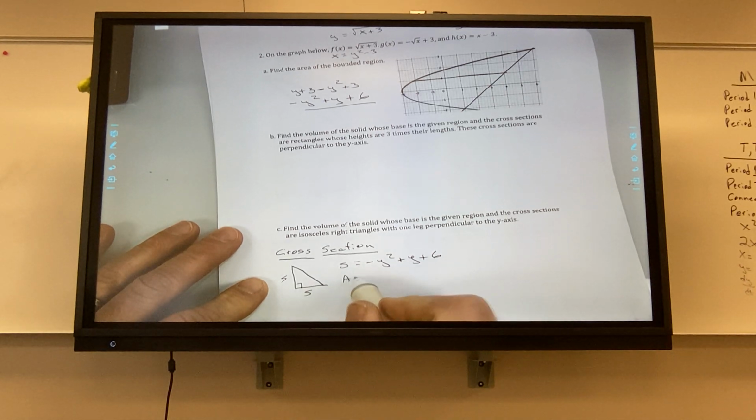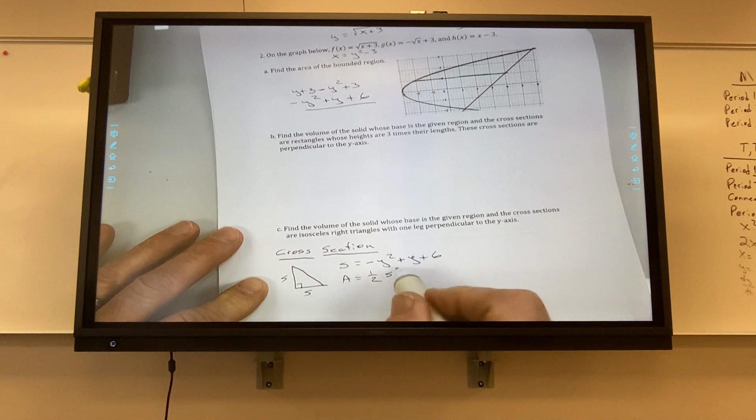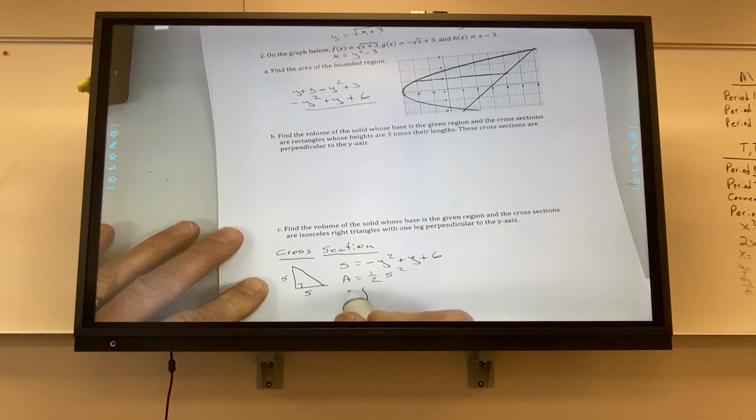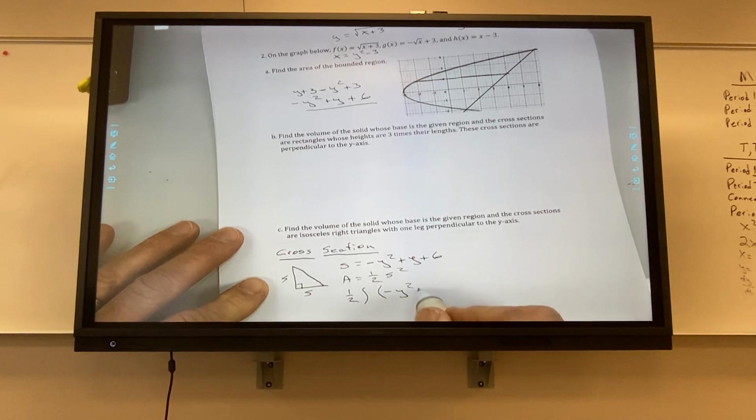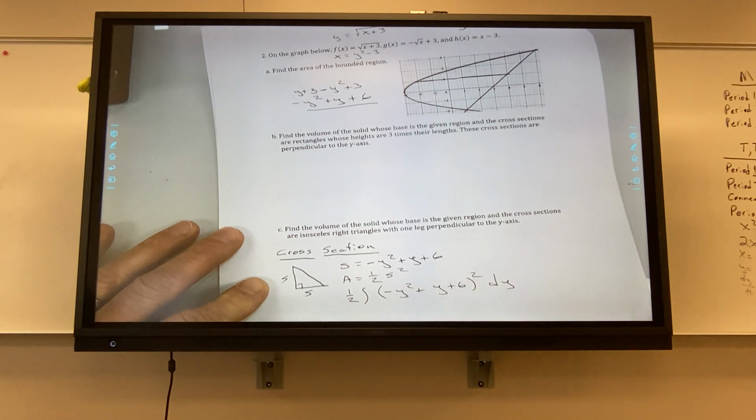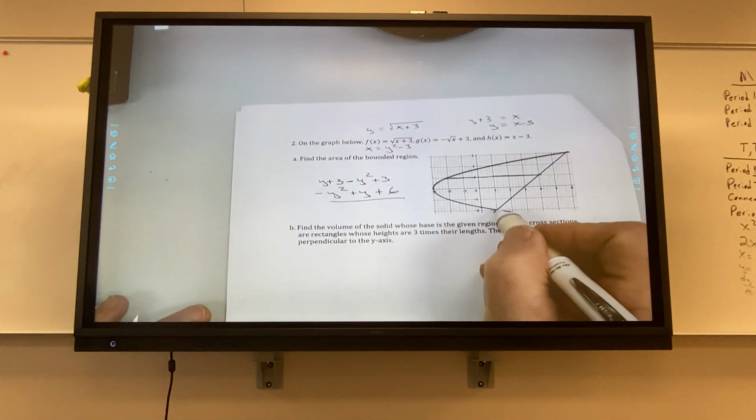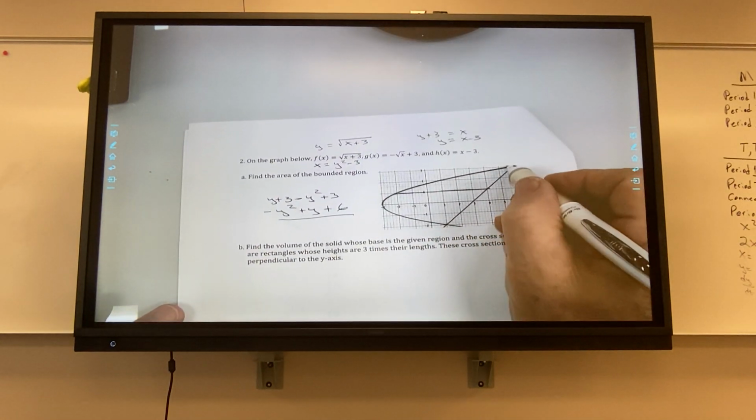And area is equal to 1/2 base times height, so it's S squared. And so in my integral, I'm going to have a 1/2 here. I'm going to take a negative Y squared plus Y plus 6, and I'm going to square it. And I think my limits were way down here to -2 and way up here to 3.